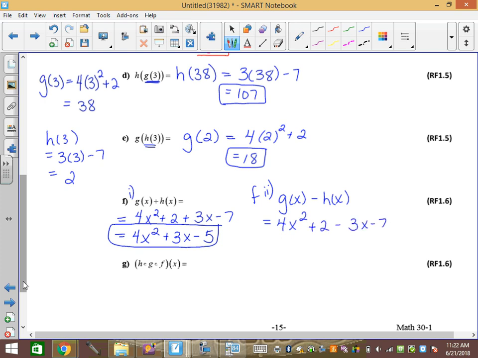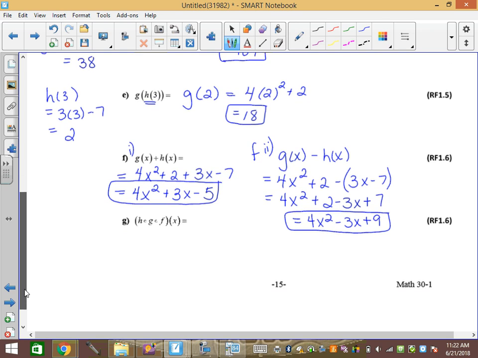And they'll have an error in this answer, because what you have to remember is you have to subtract everything behind that subtraction sign. So you're going to get 4x squared plus 2 minus 3x plus 7. And so you get 4x squared minus 3x plus 9. You're done.